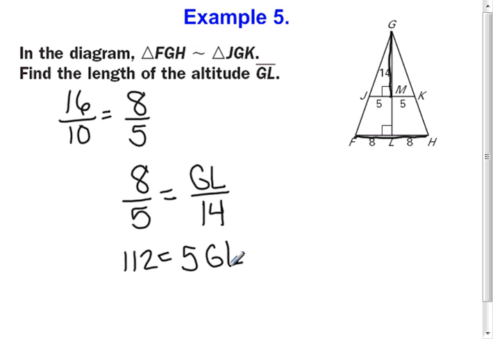And we can divide. You can leave it as a fraction or a decimal. I know you guys love decimals. 112 over 5 is GL. Or if you want to put it as a decimal, it'd be 22.4.